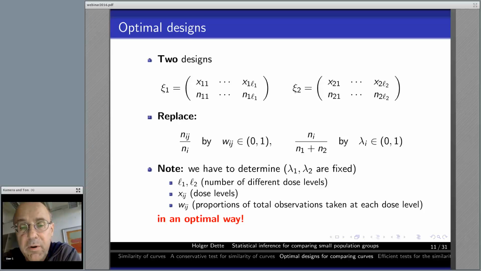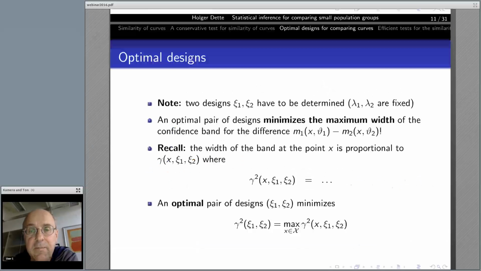For that purpose, I will assume that the proportions for both samples are fixed, so we fix the number of patients treated in group 1 and the number of patients treated in group 2, but we can choose the allocations of the dose levels to the patients, and we can also choose the number of different dose levels, and the dose levels themselves. I want to determine all these things in an optimal way, and I've already indicated how I do this. This is my next transparency.